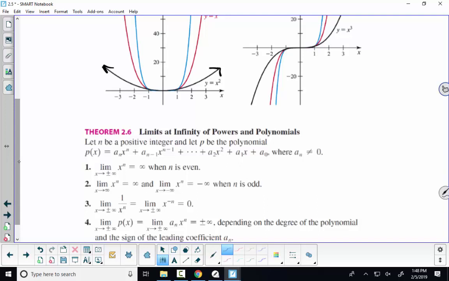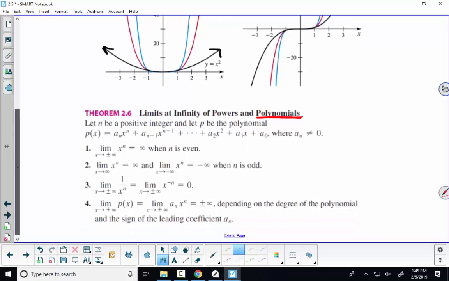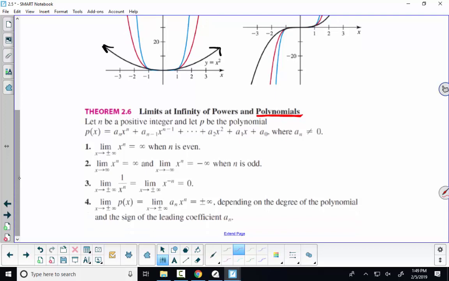Theorem 2.6 is dealing with limits at infinity on polynomials. A lot of times it does matter what kind of function you're dealing with, because some things are applicable to this kind of function, whereas other things aren't. The theorem deals specifically with p of x, defined there as a polynomial.